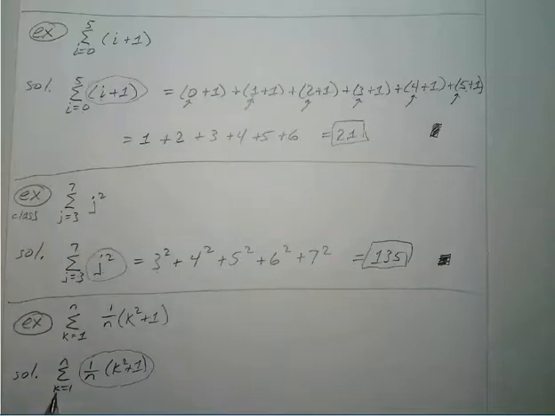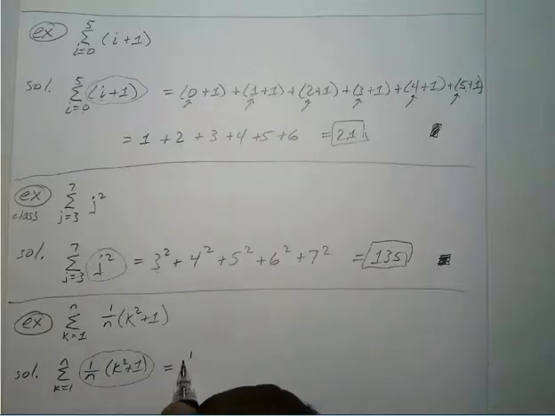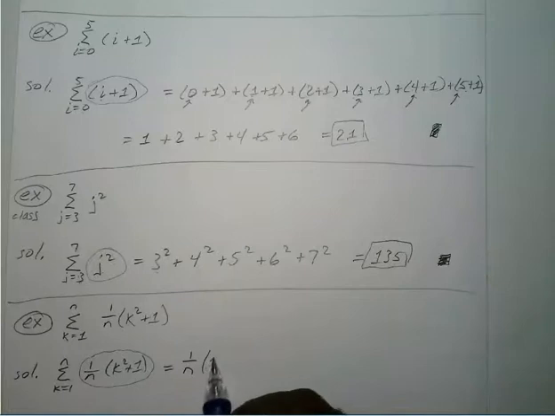You're using k as your index in this one. Okay, so what we're going to do is rewrite this, but we're going to replace k with 1. So you have 1 over n times 1 squared plus 1.